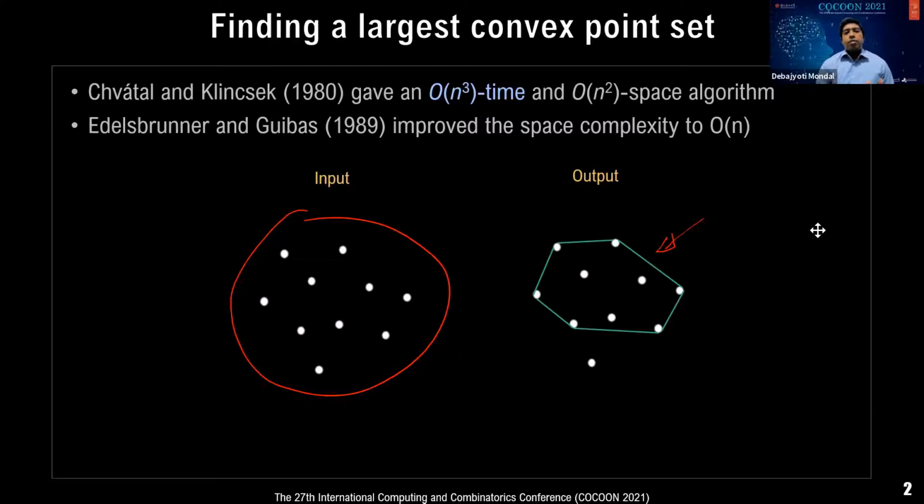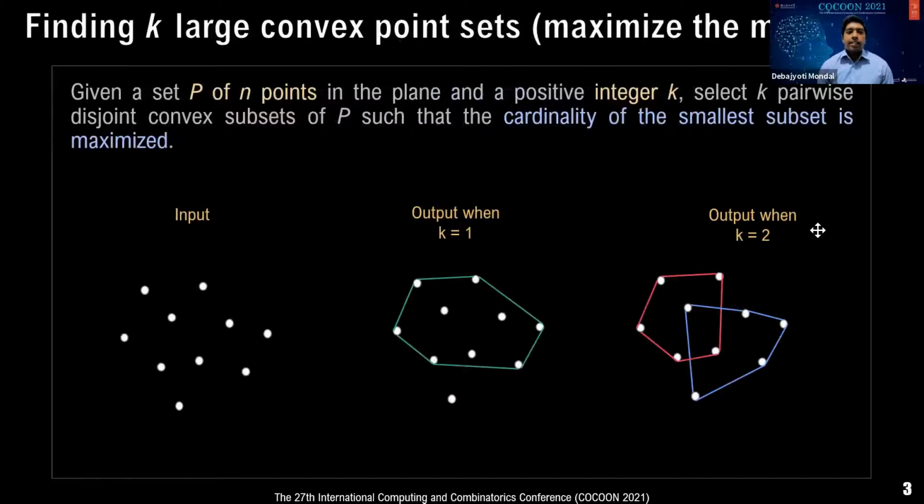What we are trying to do in this paper is to generalize this problem to K convex point sets. For example, here you have an input where on the left you have a point set P and you are given an integer K. If K is 1, you are trying to find one largest convex point set. If K is 2, you are trying to find two largest convex point sets.